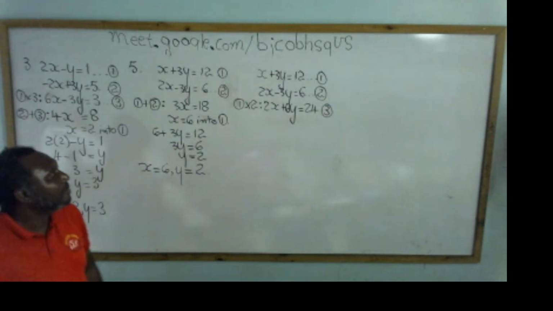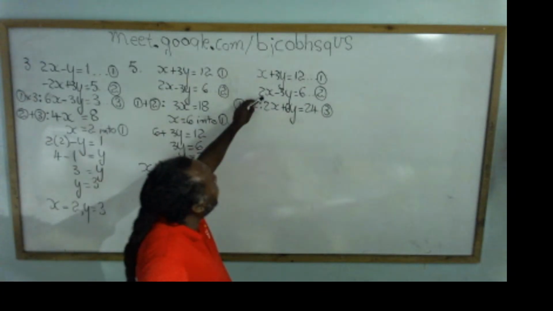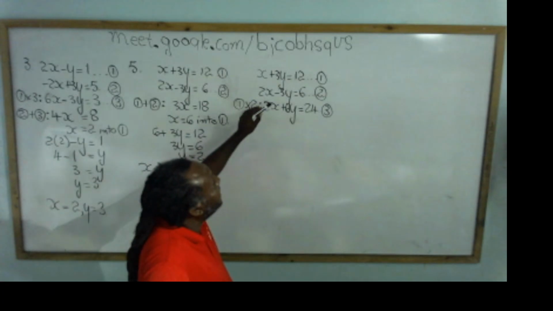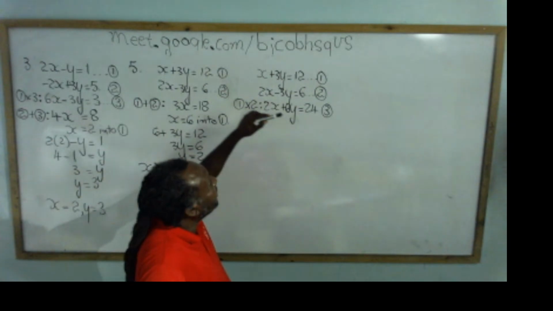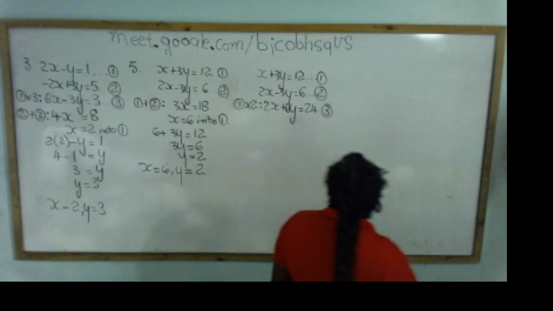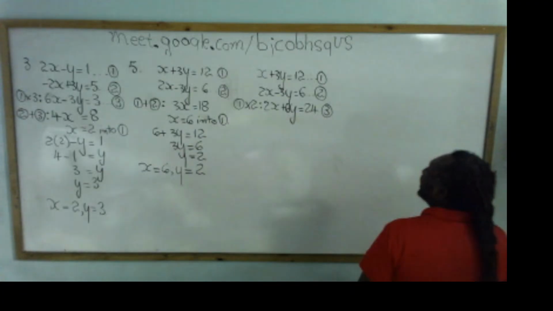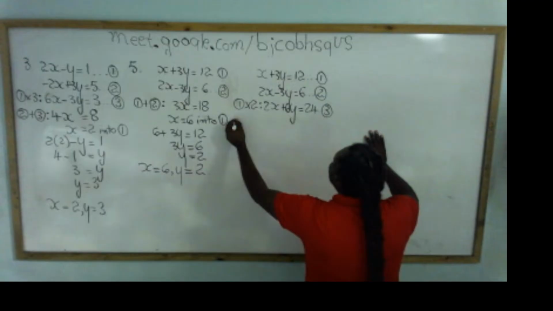So let us go forward. We have 2x with 2x, they are identical. We will eliminate them by subtraction. Do we say equation 3 minus equation 2, or equation 2 minus equation 3? I'm always going for subtracting the smaller from the larger. So I say what? Equation 3 minus equation 2.